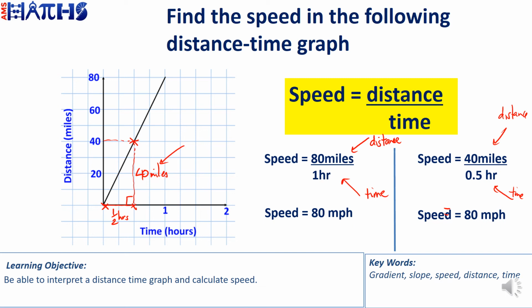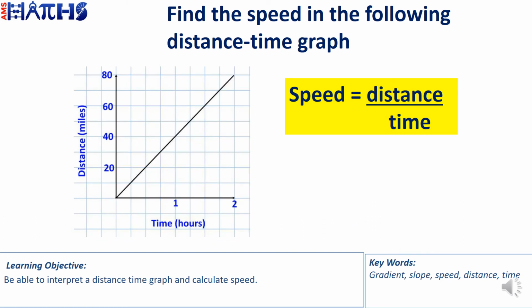So whenever you're writing your time, make sure it is in terms of hours. So it's either half an hour, there's another example, 1 hour, 2 hours. Just make sure it's in terms of hours in the following distance time graph. So I can choose to select this point and this point to create my right angled triangle.